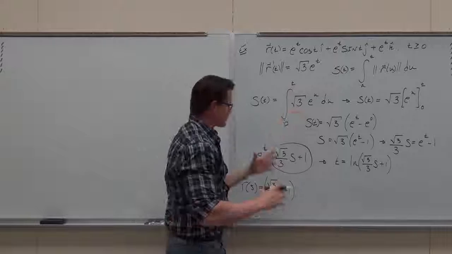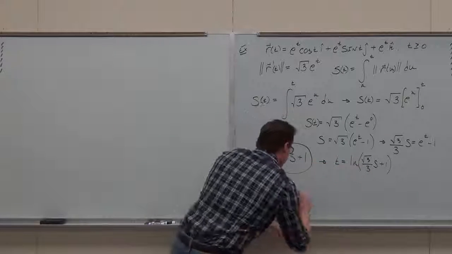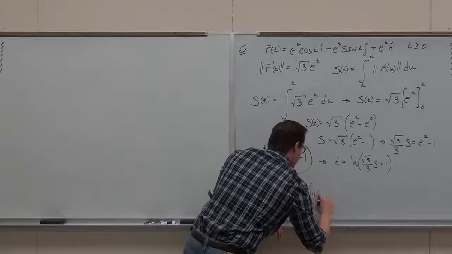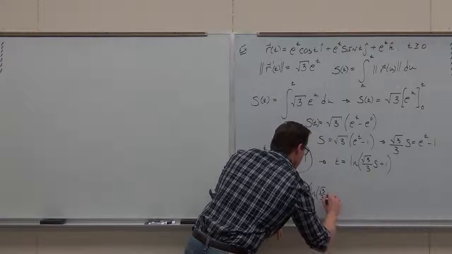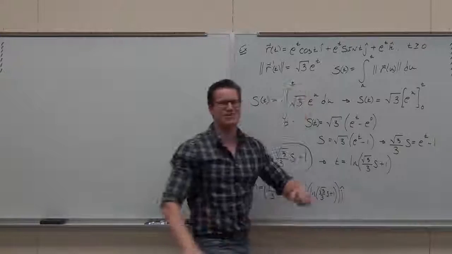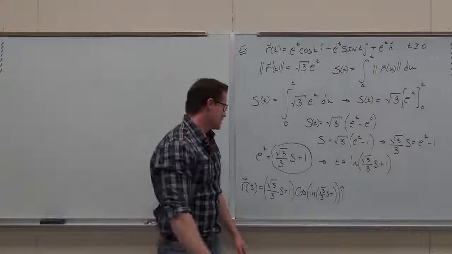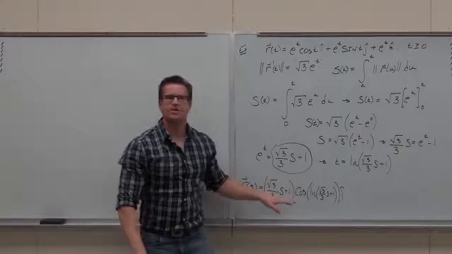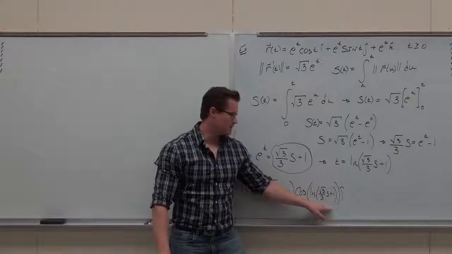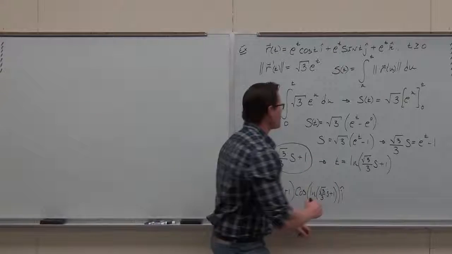Times cosine t, there's no getting away from this guy. And that's just the i. Do you see where it's coming from, though? Here's your e to the t, here's your cosine t. That's where this stuff is coming from.